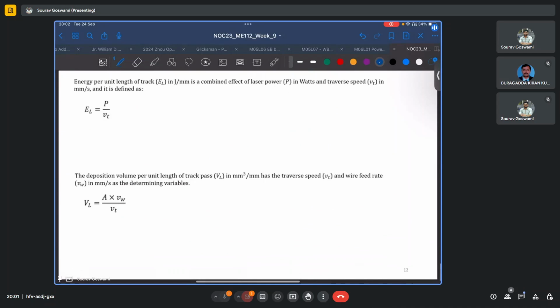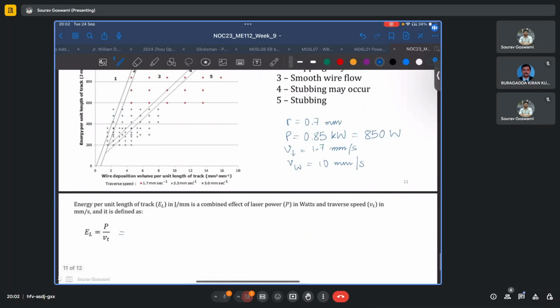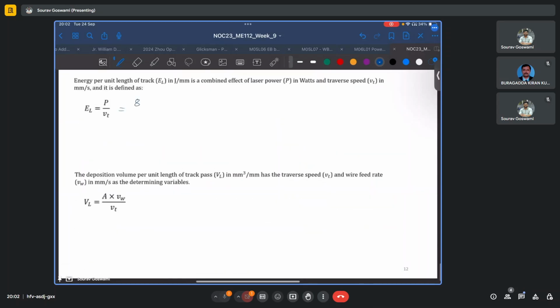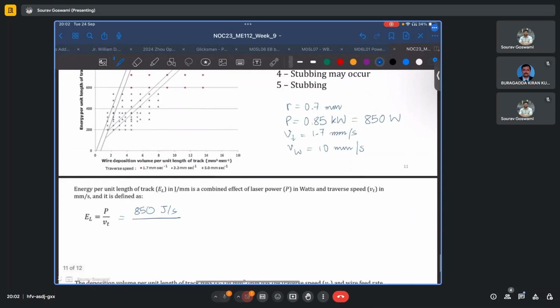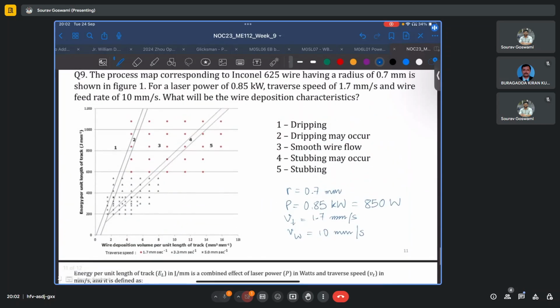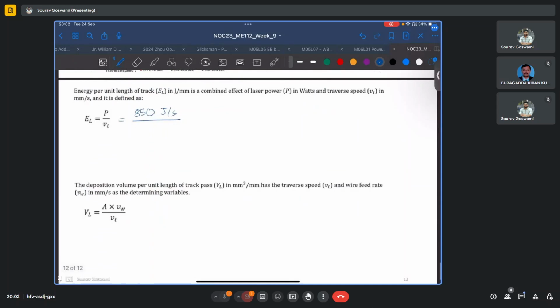Now, the formula for the linear energy density and the deposition volume per unit length are already available with us from the slides. We'll just apply them directly. The linear energy density is given by power by traverse speed. The power was 850 watts, 850 joule per second, by traverse speed Vt, which was 1.7 millimeter per second.